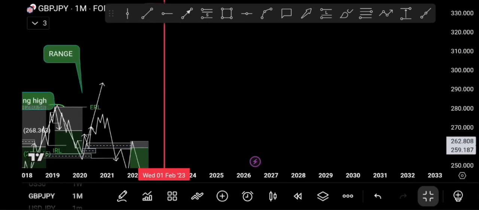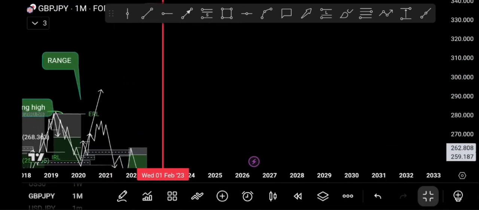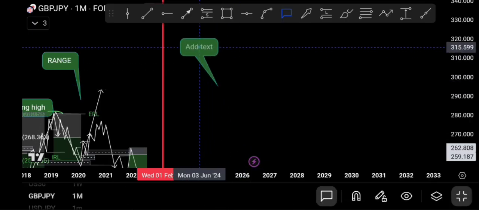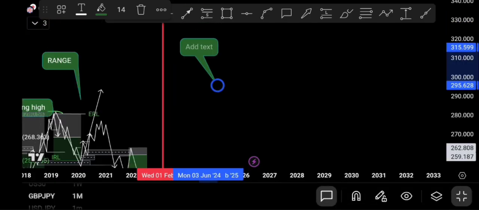Now we want to talk about our sweep: range, sweep, and price reactions. So now we want to talk about our sweep.